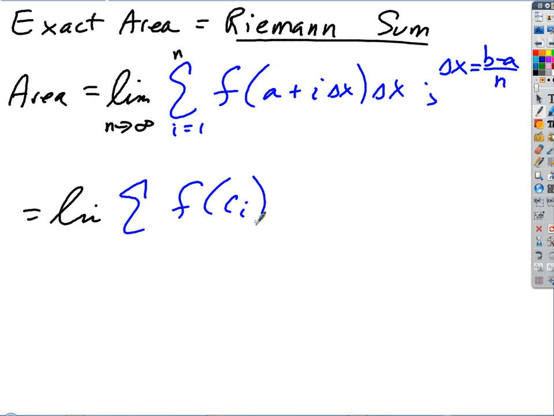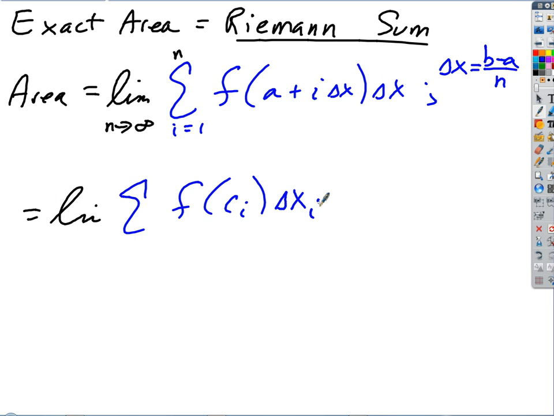It doesn't have to be this way, but we'll always use this way, times delta x sub i. What they're saying here is they're preserving the ability for the widths of the rectangles to vary, so they don't always have to be the same uniform widths.